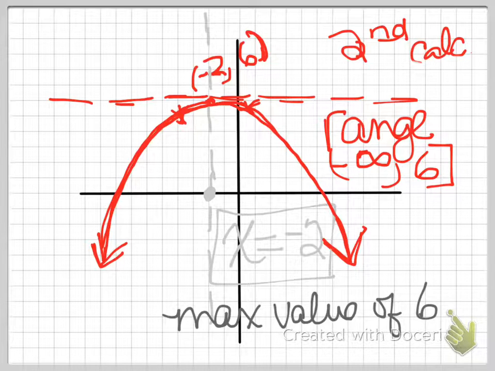It also asks us, where is this graph increasing and where is it decreasing? And I did not mention this in class, and I would not put this on your test, but I do want, again, for those of you that really want that last detail, increasing means where does my graph have a positive slope?